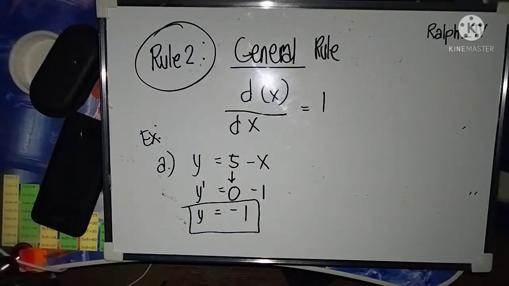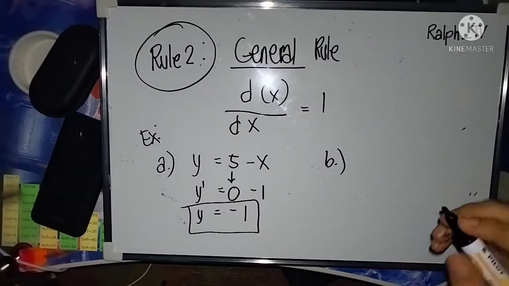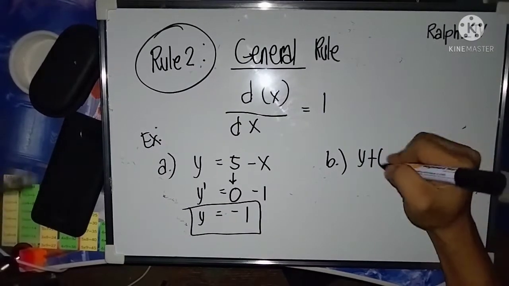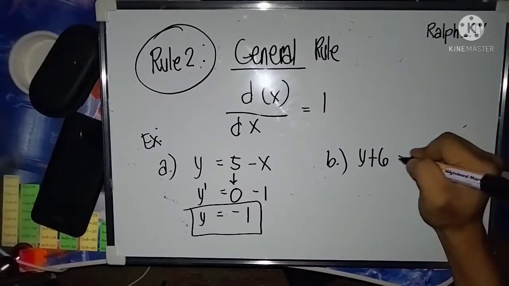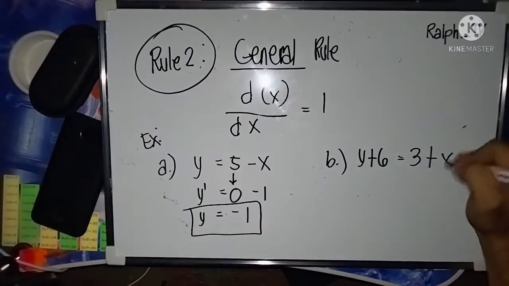So let's have another example. B. So we have y plus 6 is equals to 3 plus x.